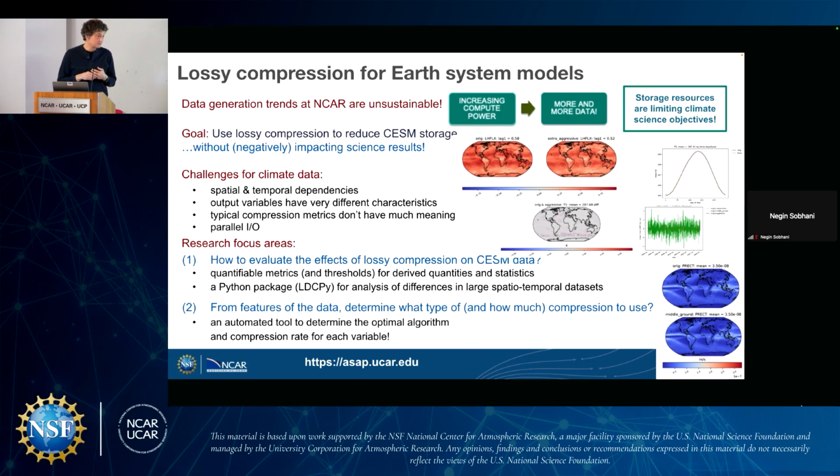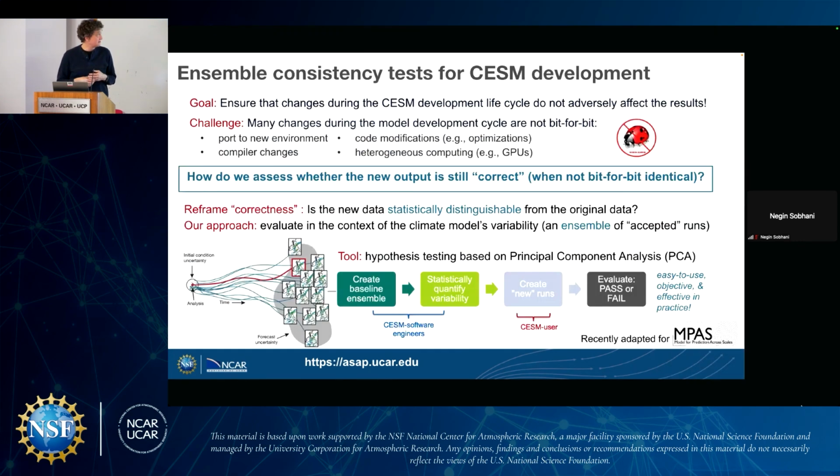We've had some interaction with RAL with respect to the CONUS data set. And then there's the ensemble consistency test for CESM development.